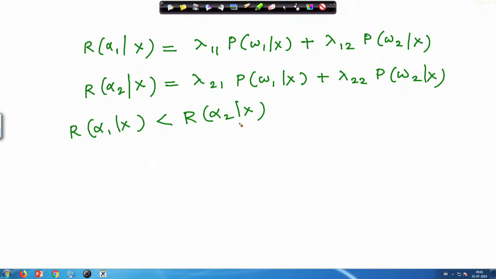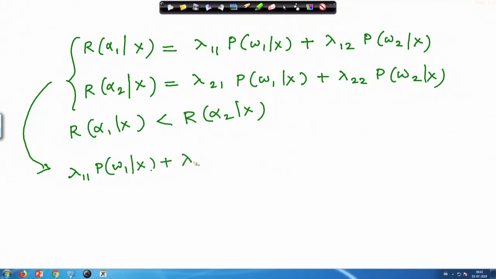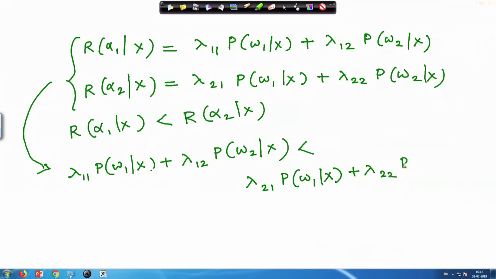So, using the risk values from here, I have to have lambda 1 1 p of omega 1 given x plus lambda 1 2 p of omega 2 given x less than lambda 2 1 p of omega 1 given x plus lambda 2 2 p of omega 2 given x.